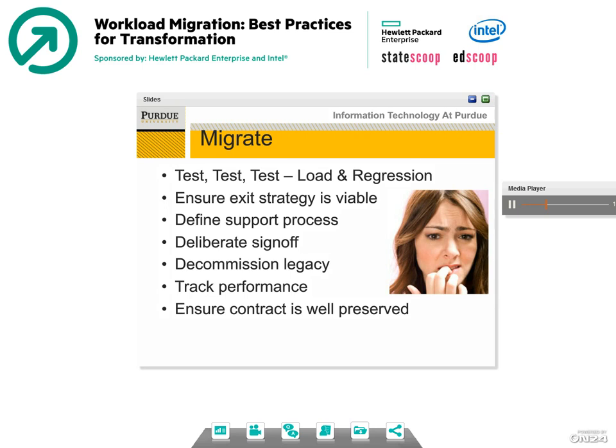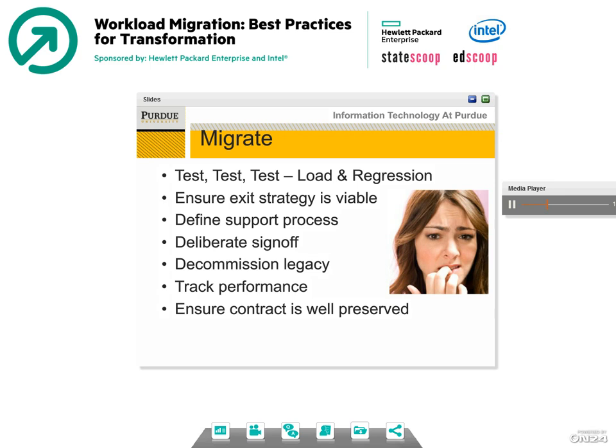But we just test, and test. We're obsessed with the testing piece of it because we tend to find lots of problems in this phase, and I'd rather find them before we're putting users on the system. Ensure the exit strategy is viable. We still want to be looking to this exit strategy and say, have we done anything here to lock ourselves in before we move?